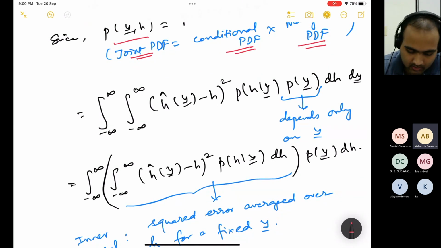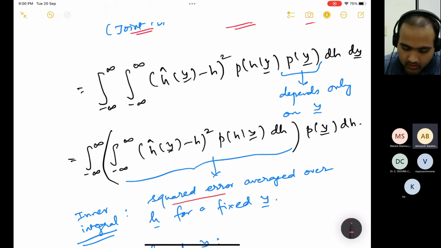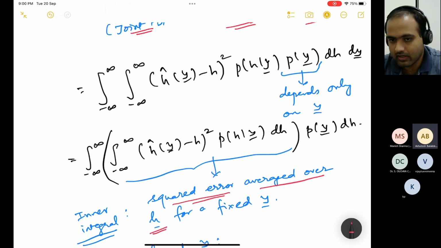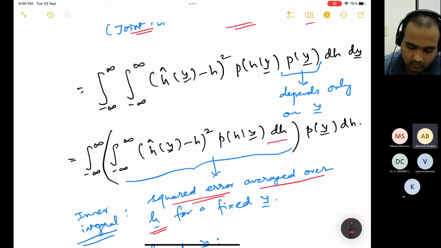We have the inner integral, right? In the inner integral, the squared error is being averaged over all possible values of h, over dh, for a fixed y.